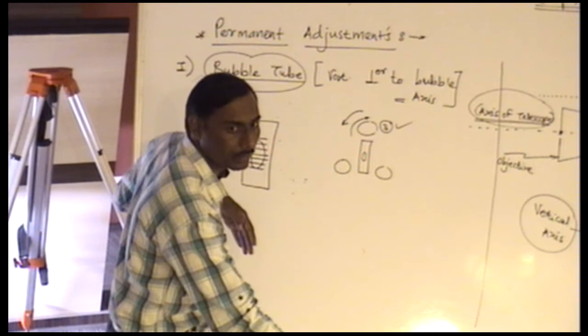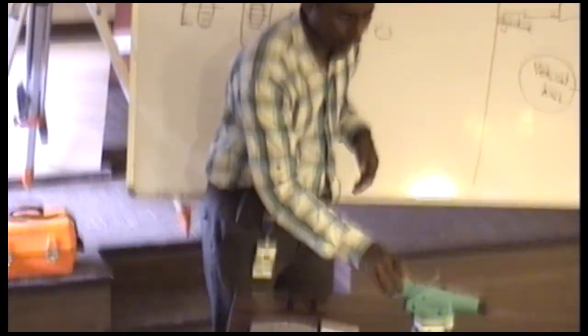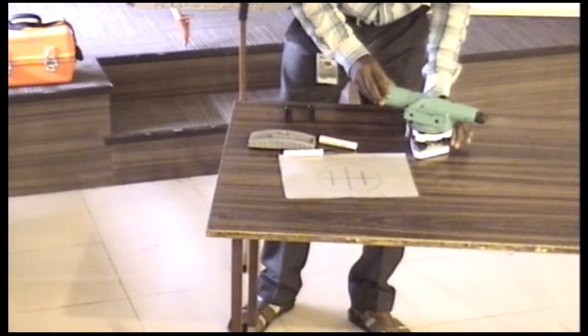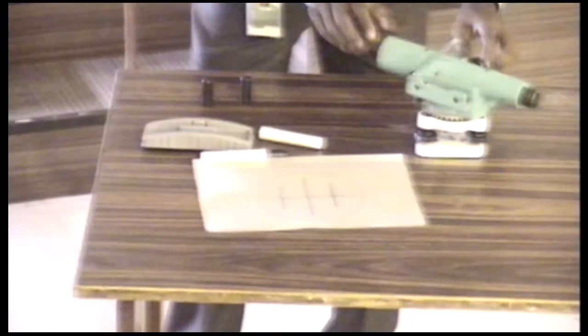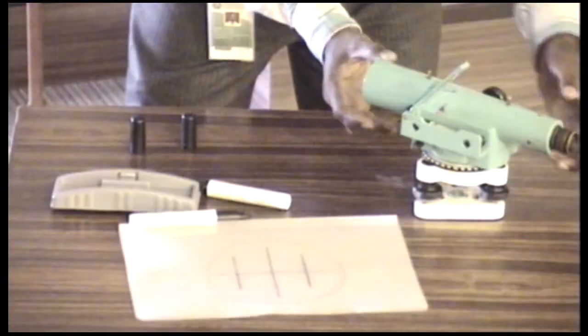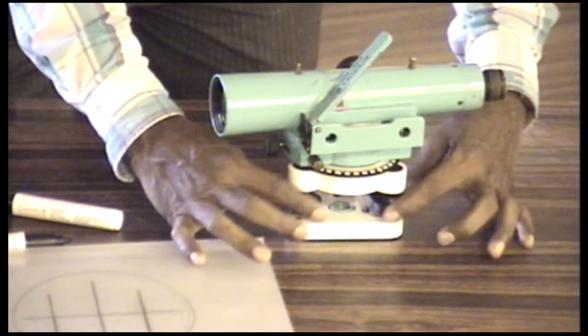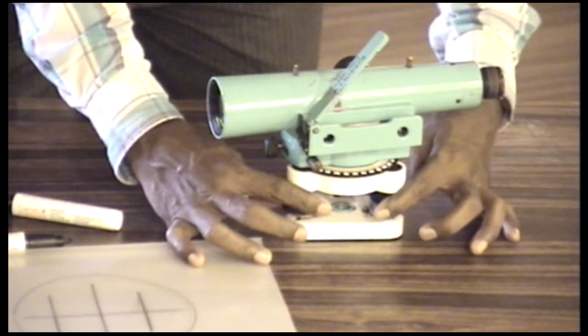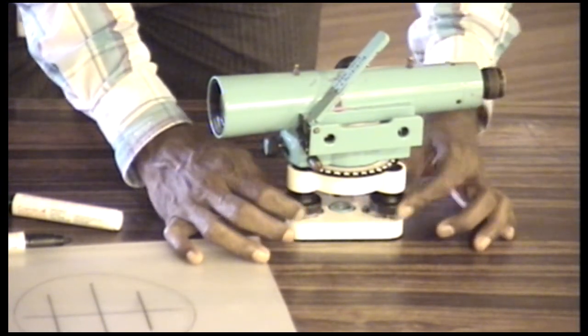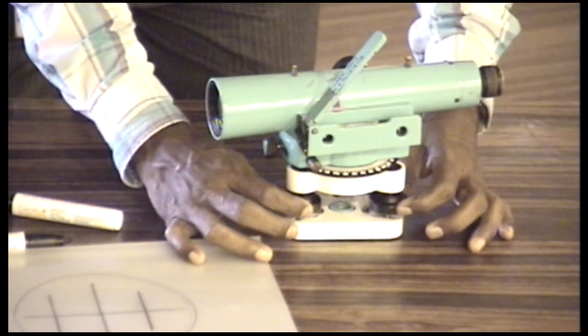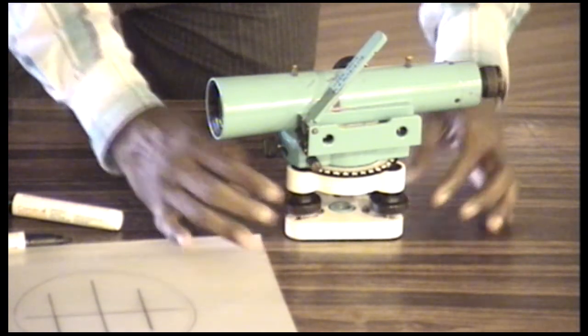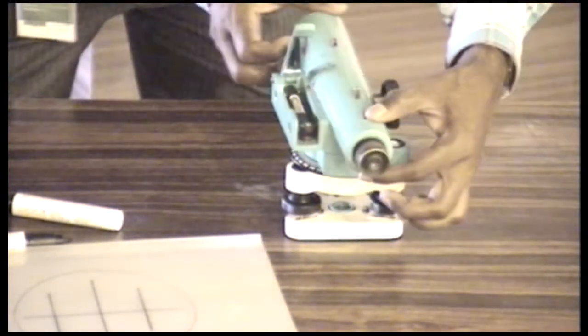Will you focus here? Now, see for this instrument what I told just now. If say there are 3 foot screws, I have selected a pair, I kept the bubble tube parallel to it. This inward, or outward, the bubble comes at the center. The moment the bubble comes at the center, turn the telescope perpendicular to the position.